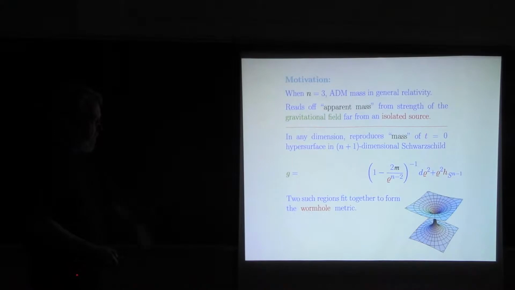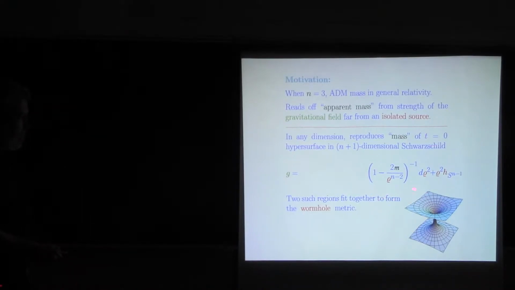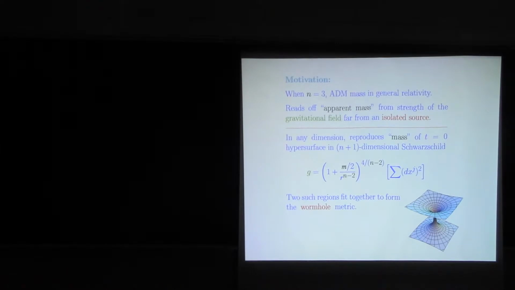If you take two of the regions where this is positive definite and glue them together, that forms what's called the wormhole metric, and interestingly, you can write it as a conformal rescaling of the Euclidean metric, times a certain power of 1 plus the usual Green's function for the Laplacian on R^n.